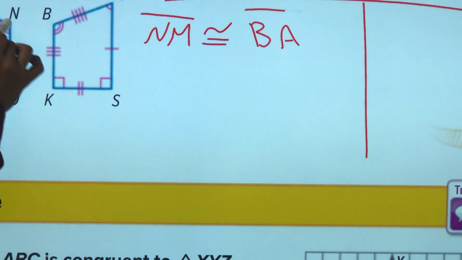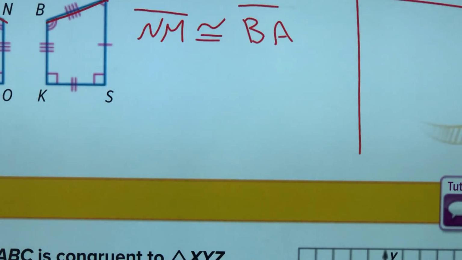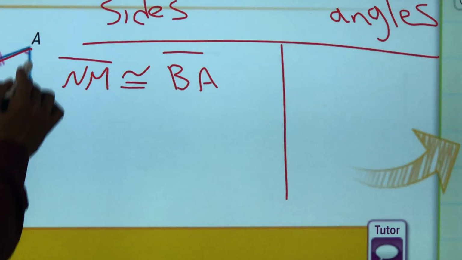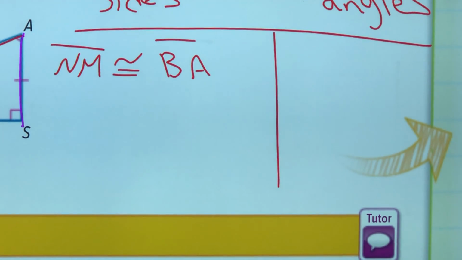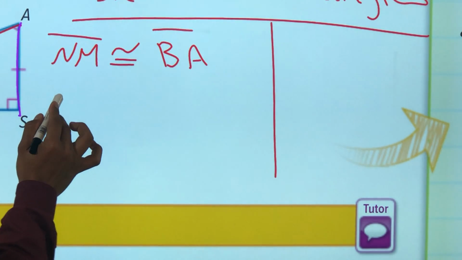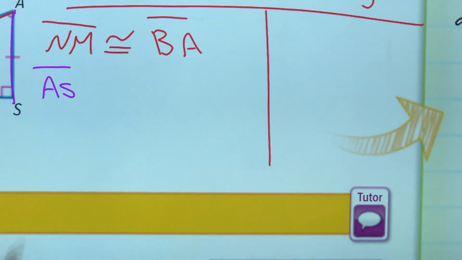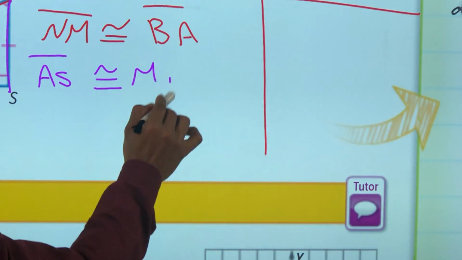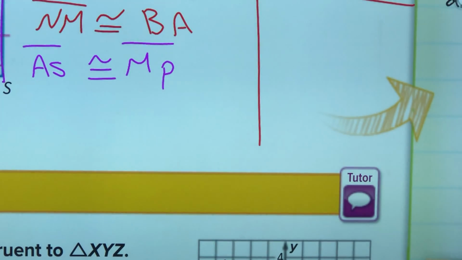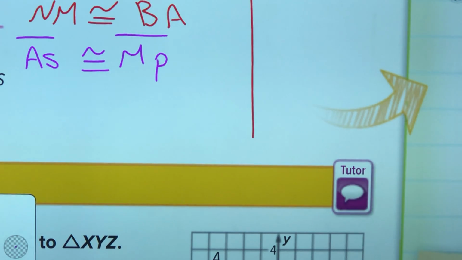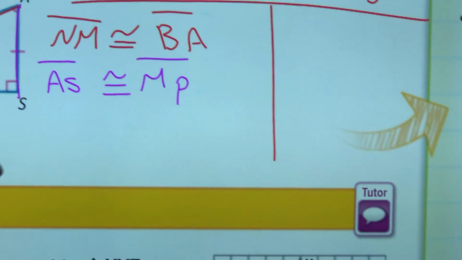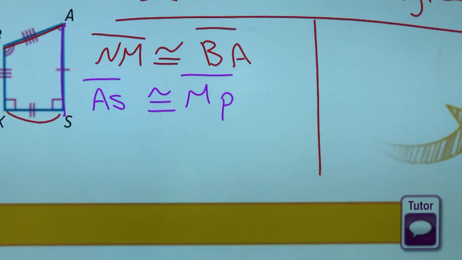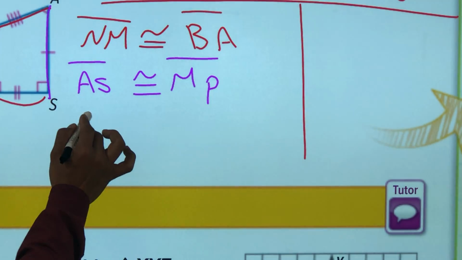The first side here is equal to this side. AS is equal to MP. AS is congruent to MP. The third side, SK, is congruent to PO.